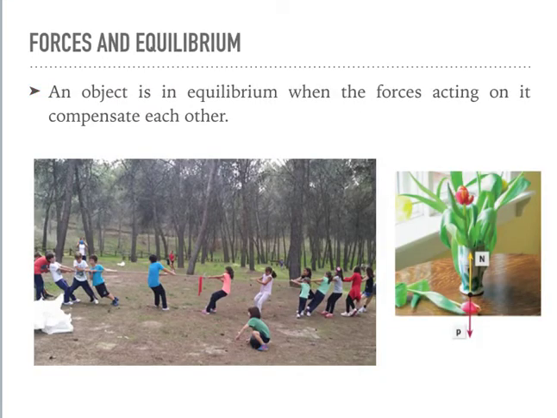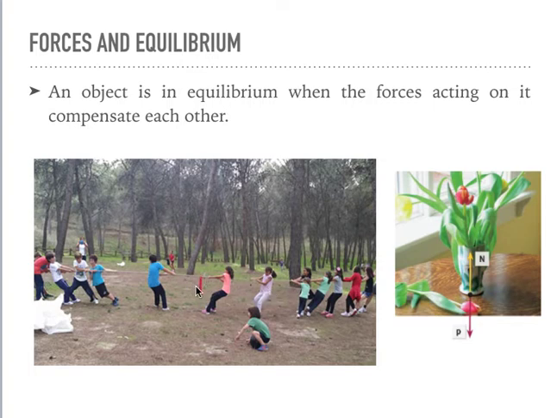And I wanted to say, because we saw it here but I didn't mention it, that an object is in equilibrium when the forces acting on it compensate each other. So here you all understand this game. It's a game where you pull and you try to win by moving the other team a distance. I'm sure you all have played this game, and if you pull the same amount on one team and the other, you don't move at all.